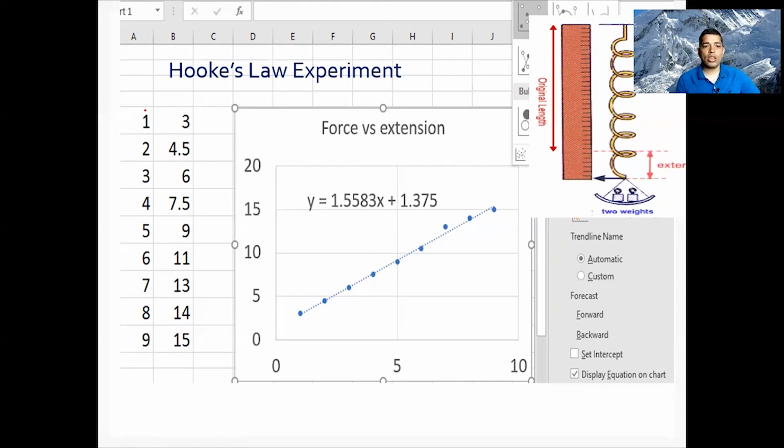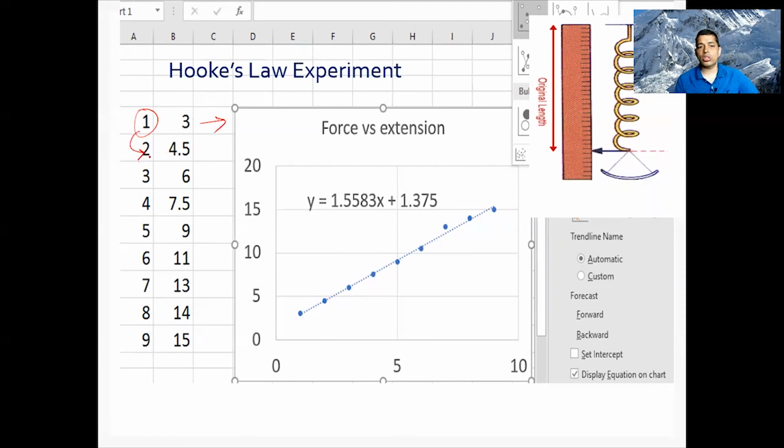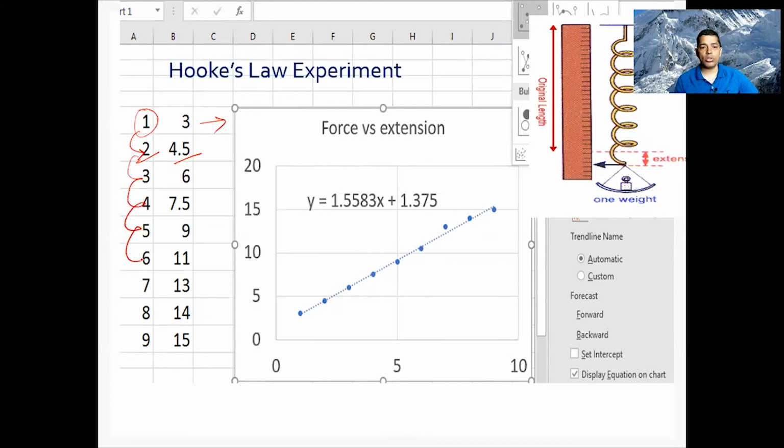Suppose you have 1 Newton of force, then you have the elongation by 3 units. Keep on adding mass so that you have more and more force. Then you have 4.5 units of elongation, and keep doing it all the way to 9 units of force.